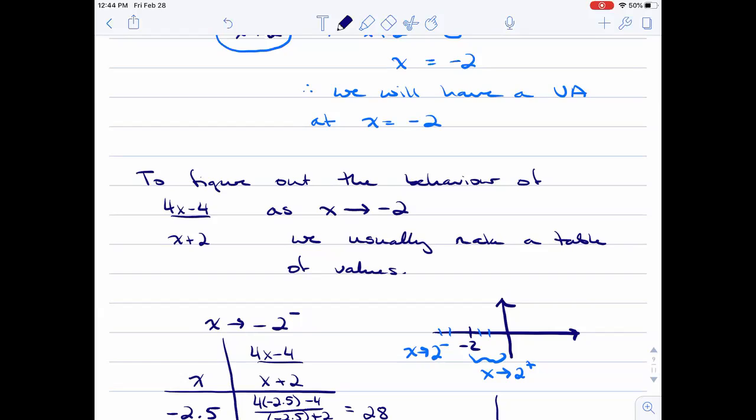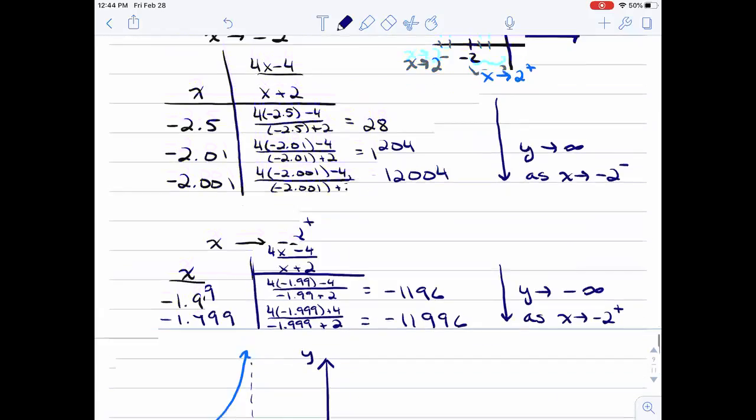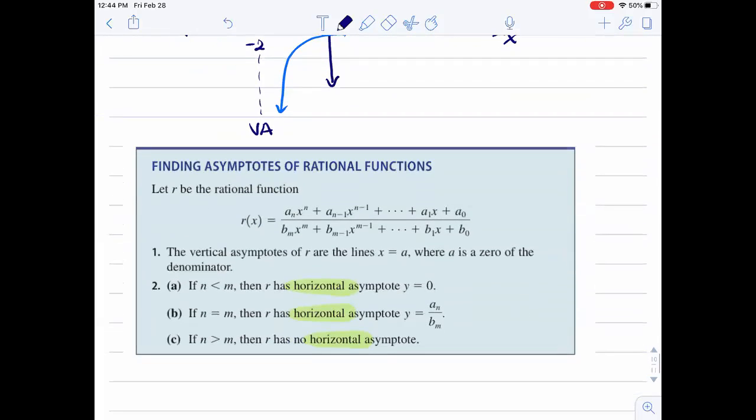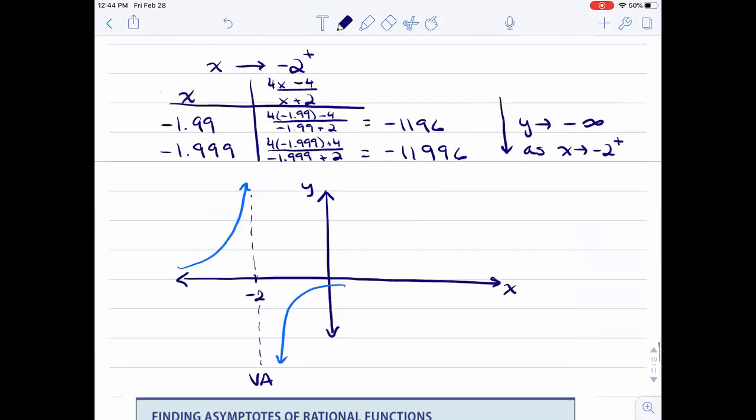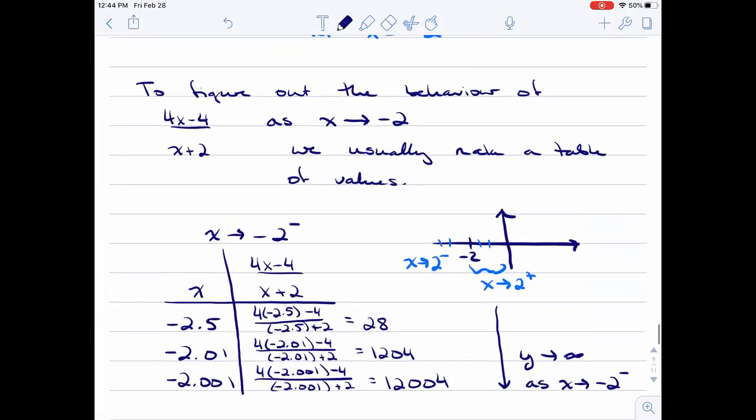And so we've got the same degree here and here. So what this says is that if they're the same, then we have a horizontal asymptote at A over B. In our case, A was 4 and B is 1. So now we've got a horizontal asymptote at y equals 4 over 1, or 4.